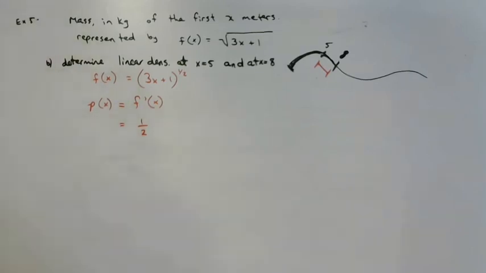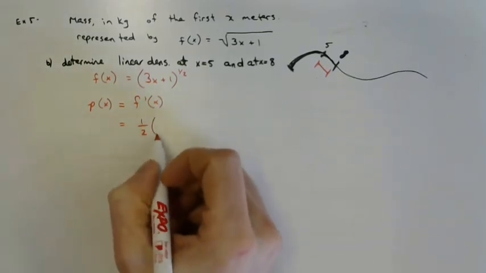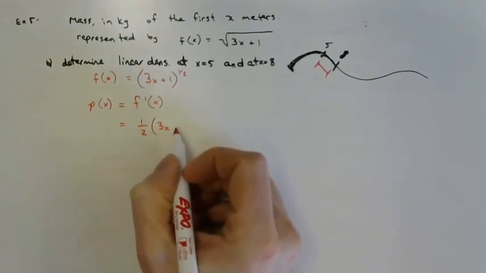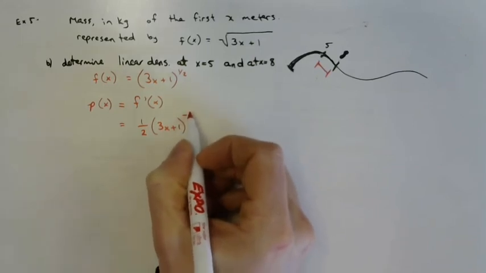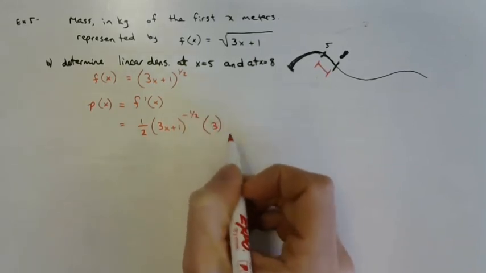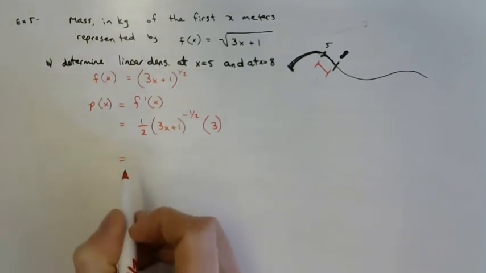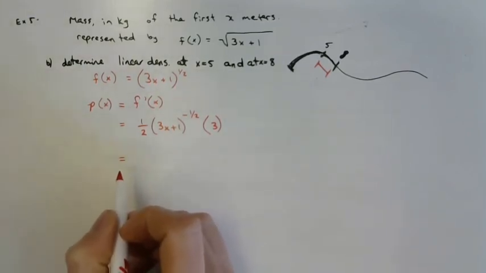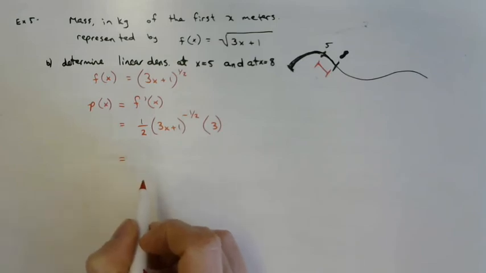It's a composite function, so we take the derivative of the outer with respect to the inner and multiply it by the derivative of the inner. And we can reduce this.